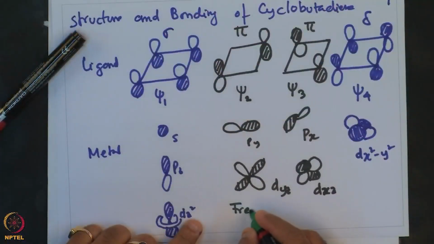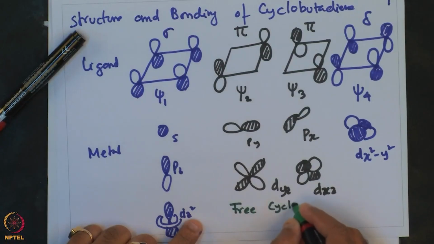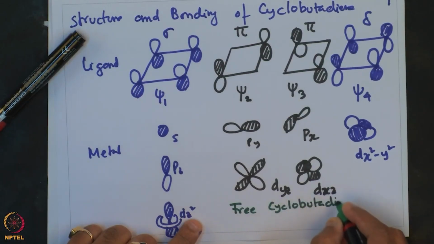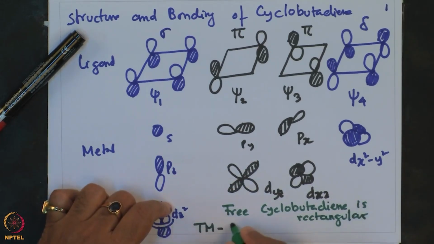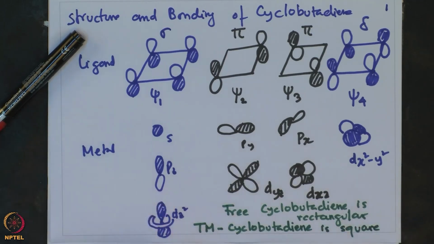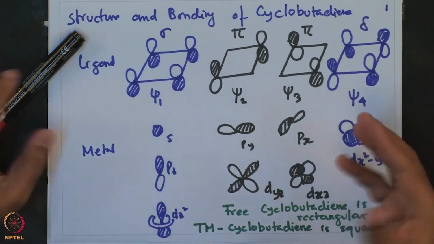So free cyclobutadiene is rectangular, whereas transition metal cyclobutadiene is square. And this diagram explicitly explains the reason for such a difference in structure before and after binding to the transition metal.